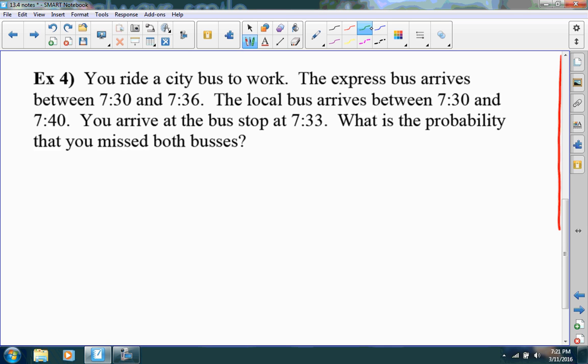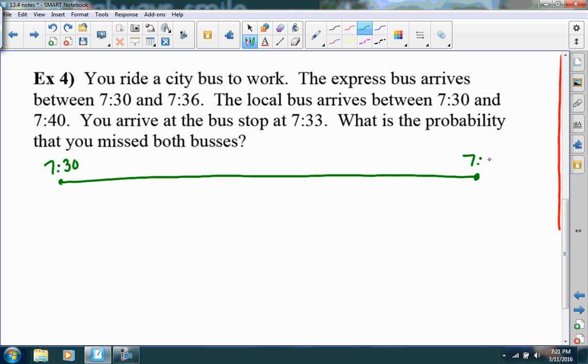Now, the best way to really visualize this is to draw a picture. So I'm going to draw a little timeline here, kind of like a little number line. And I'm going to start it at 7:30, and then I'm going to end it at 7:40. Okay, the first bus arrives at 7:30 or 7:36, somewhere in between there. The other bus comes between 7:30 and 7:40.